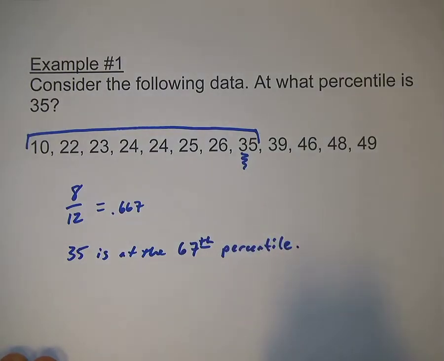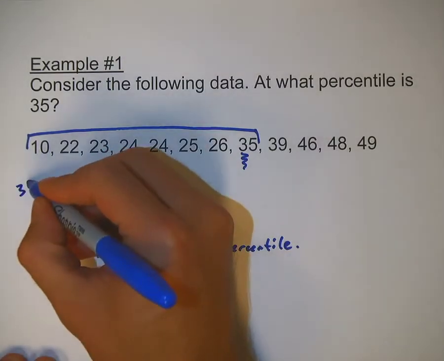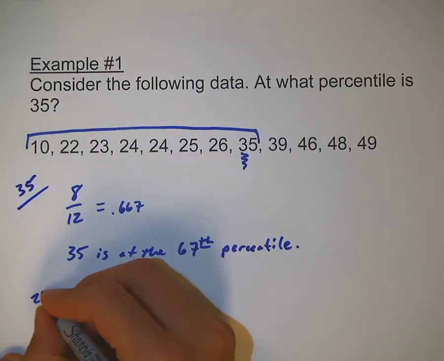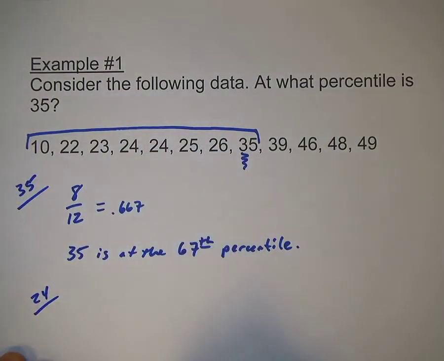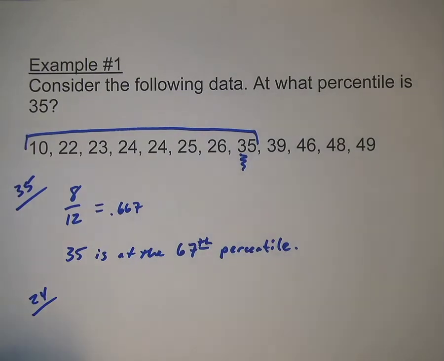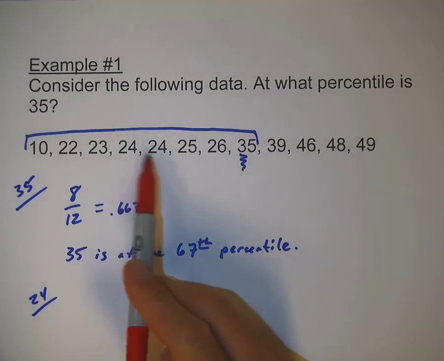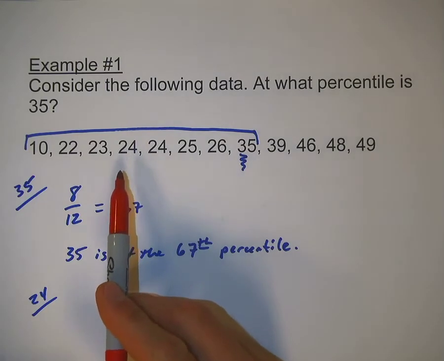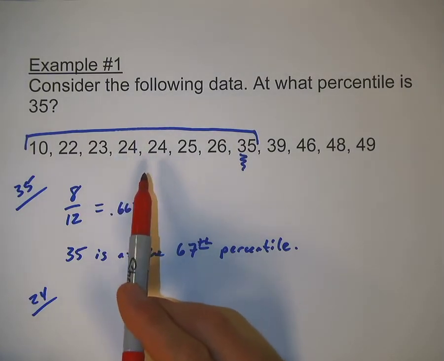Okay. Let's just for fun also look at 24. So this is for 35. Now let's determine 24. If we look at 24, first of all, there's two 24s. But remember the definition. It needs to be greater than or equal to.